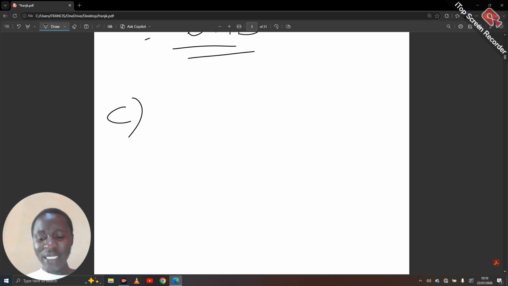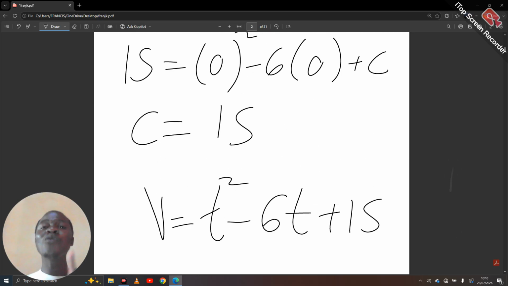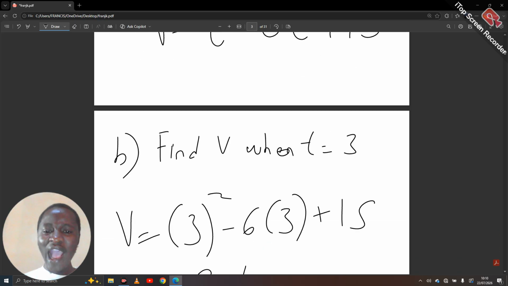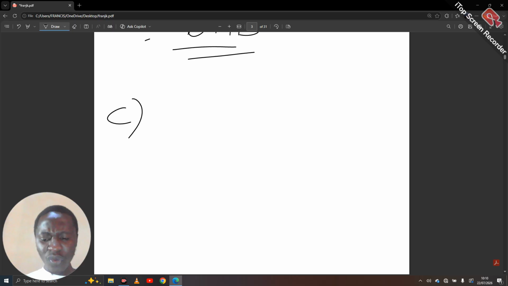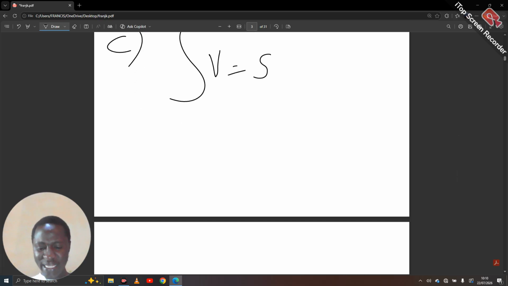That means an examiner wants us to get the distance. So that means we are moving up. And when we are moving up, we are integrating. Now, what are we integrating? We are integrating velocity to get displacement s.